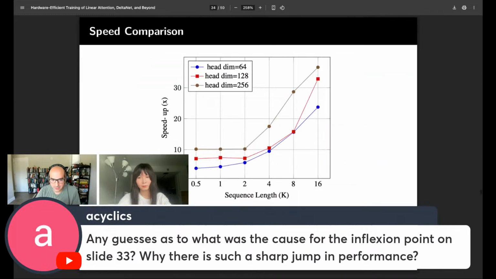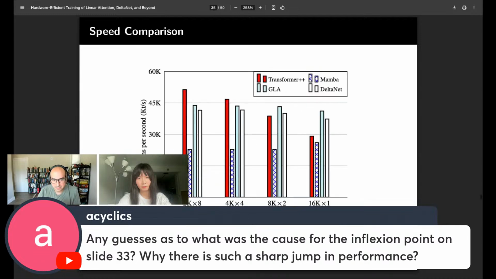Acyclix is asking, any guesses at what was the cause for the inflection point on slide 33? Why is there such a sharp jump in performance? I think it was slide 34, which is also when the curve went up heavily.